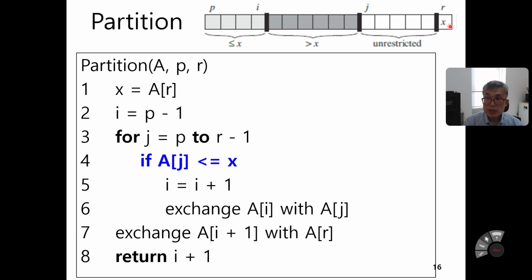Because the first part ends here and this is the beginning of the second part, the pivot is swapped with it. So that's why this value goes here, and then we have 3 partitions: this is the left partition, this is the pivot, and this is the right partition. And then we return I plus 1, the pivot index, right?